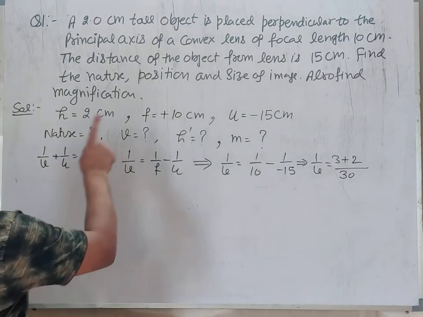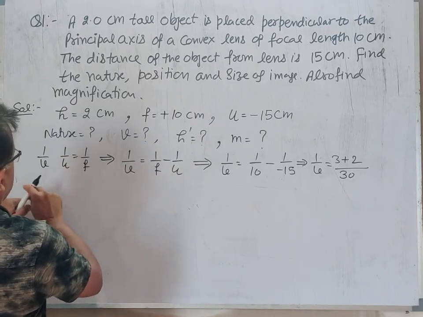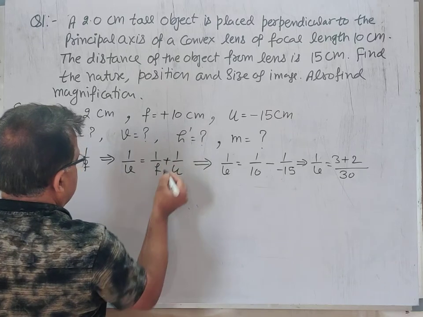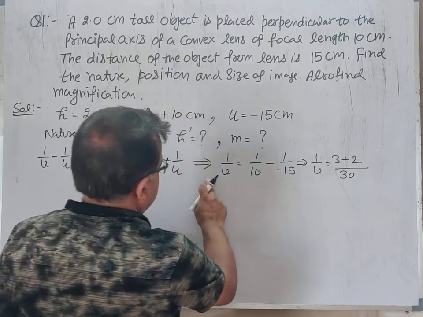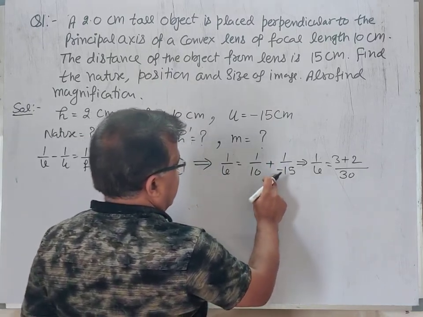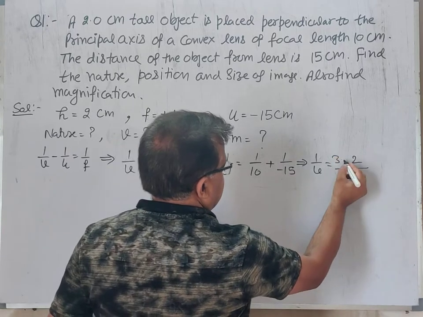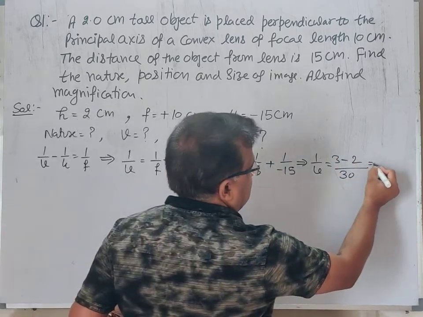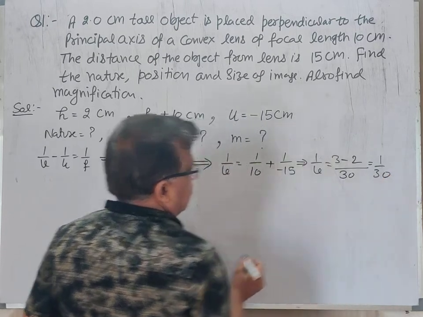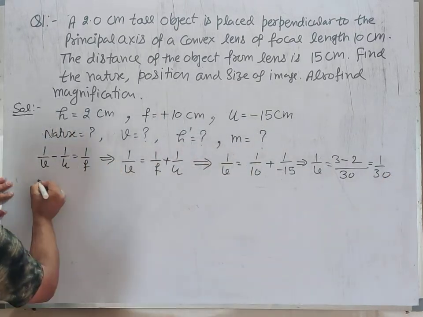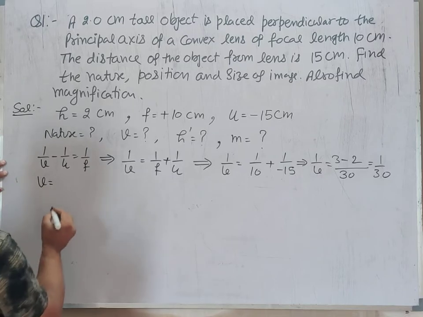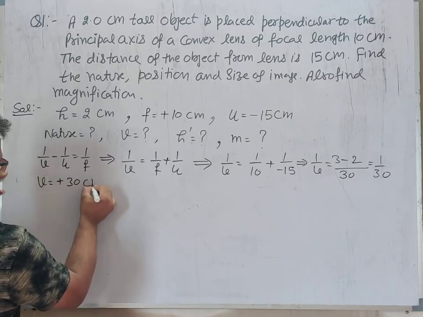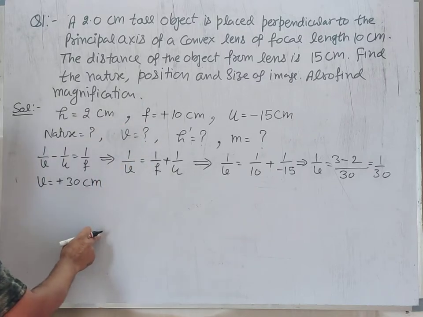It is for a lens, so it is 1 by v minus 1 by u equals 1 by f. When it is minus, it will become plus, and here it will become minus. Plus and minus gives minus, so it is 1 by 30, and if we reverse, v is equal to plus 30 centimeter, because all digits are in centimeter.